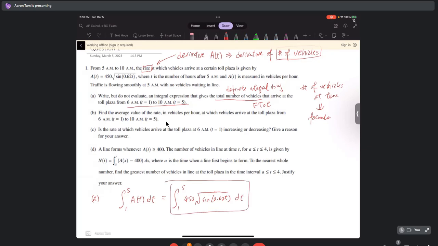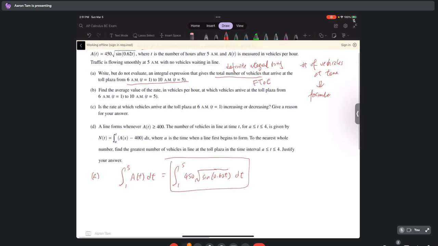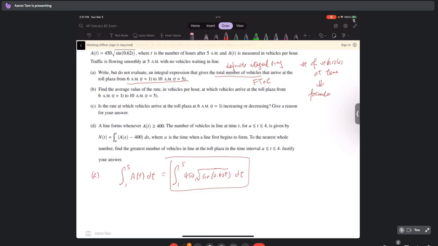Now let's see what part B asks for. Part B asks: find the average value of the rate, in vehicles per hour, at which vehicles arrive at the toll plaza from 1 to 5. So this one is a little tricky. The problem here is that you are finding the average value.